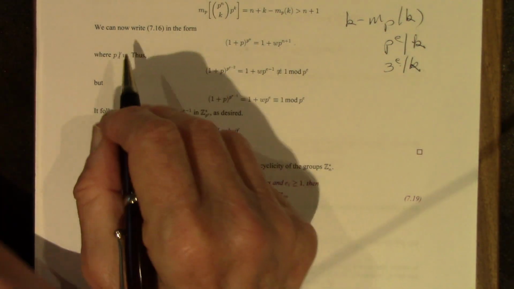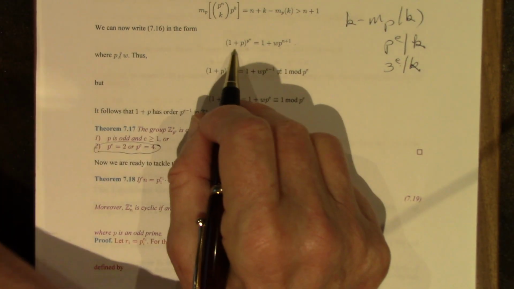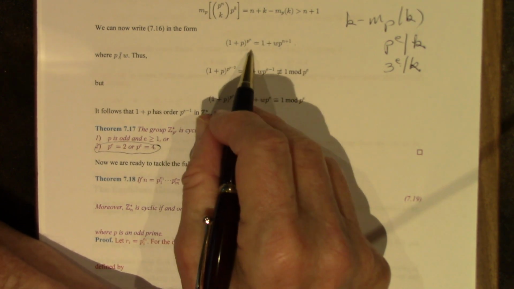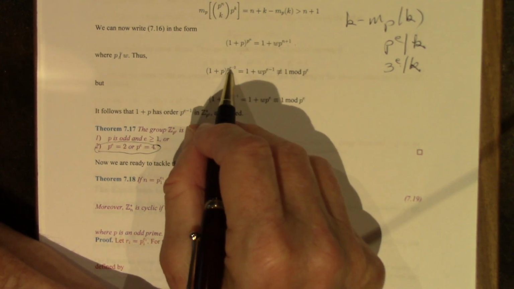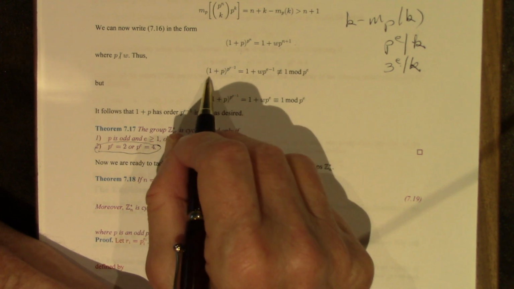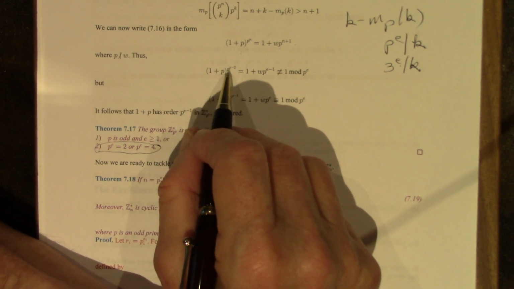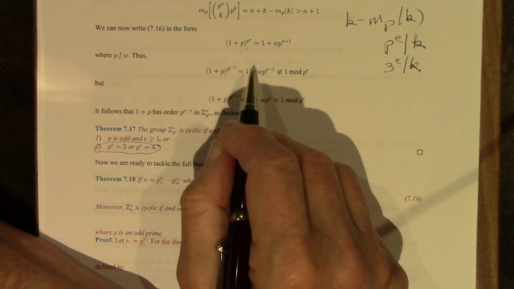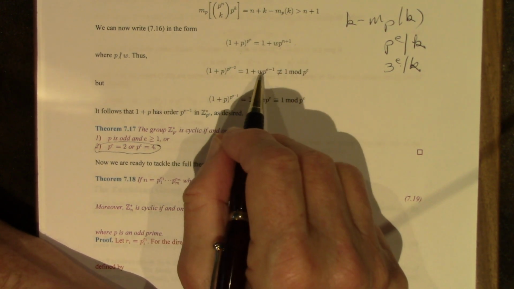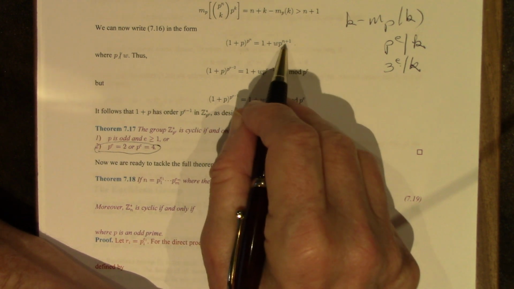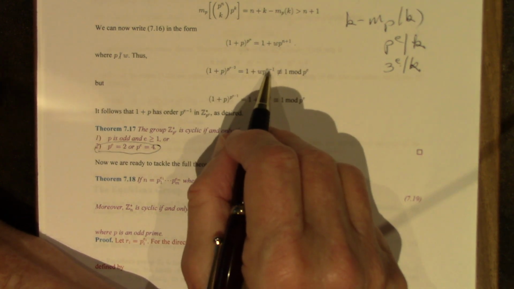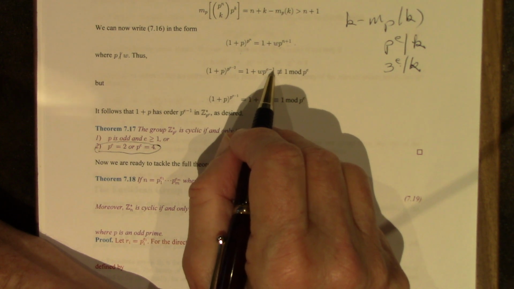Okay. So that's where we stand now. So if I set n to e minus 2, I have 1 plus p to the power p to the e minus 2, and that is 1 plus wp to the e minus 1.